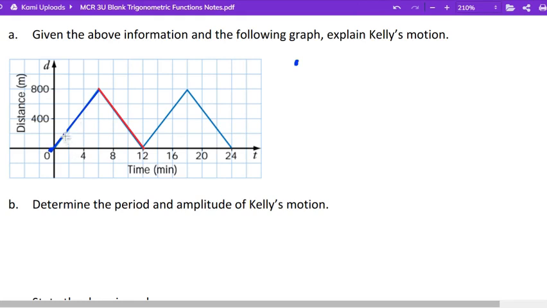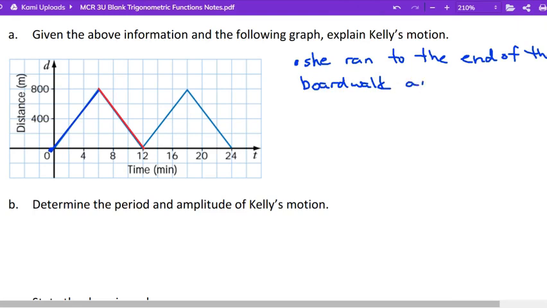So running away, running back, and then how many times did she do that whole cycle? Twice. So let's write this down. She ran to the end of the boardwalk and back twice. No breaks.